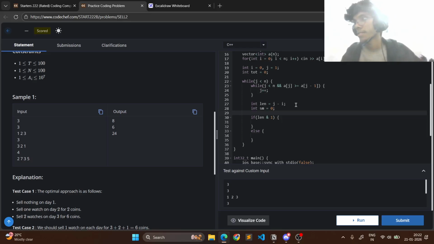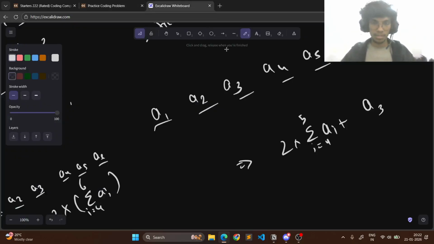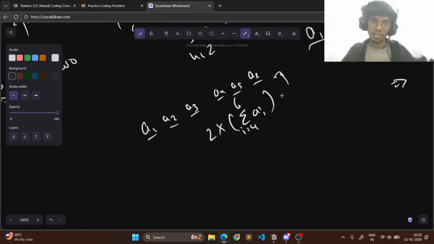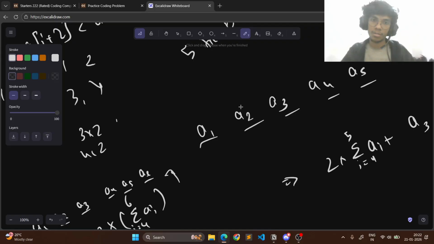If length is 6, my j is standing over here, i is standing over here, so 6 is 3, so plus 1, plus 2, and plus 3, so length by 2 I need to append. In case I had a 5, this is 2, this is plus 1, plus 2. In case of odd, I need plus 1 more.